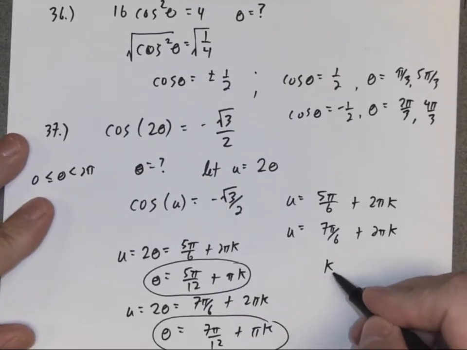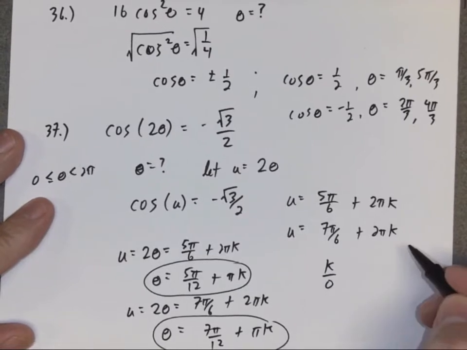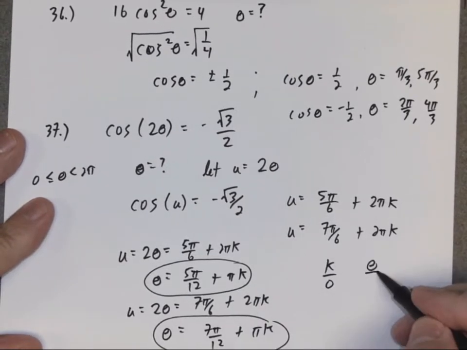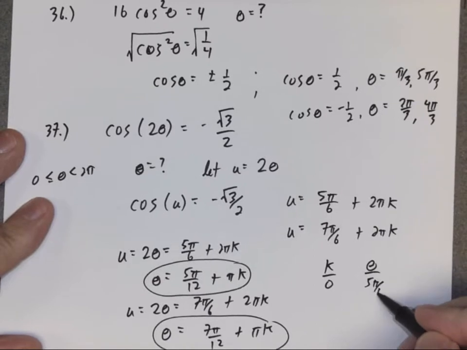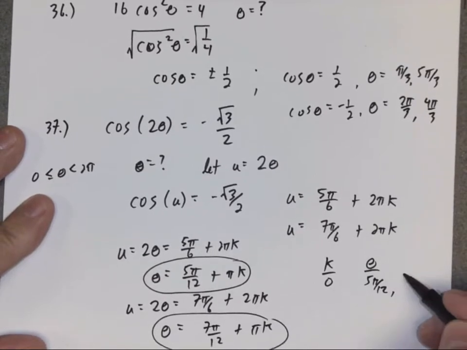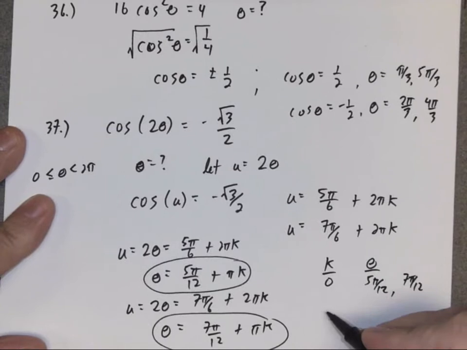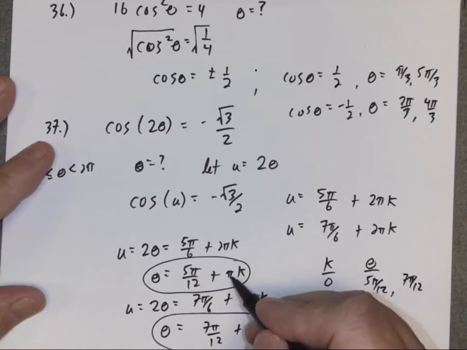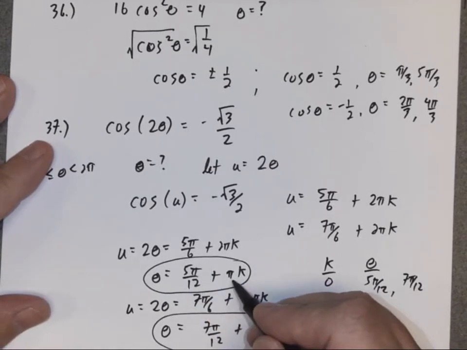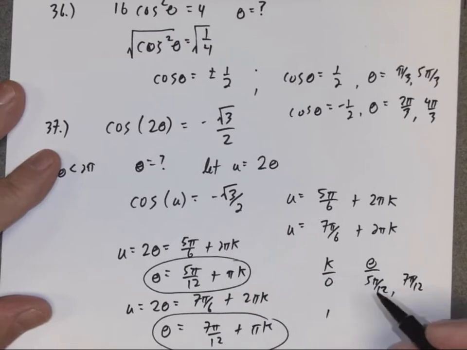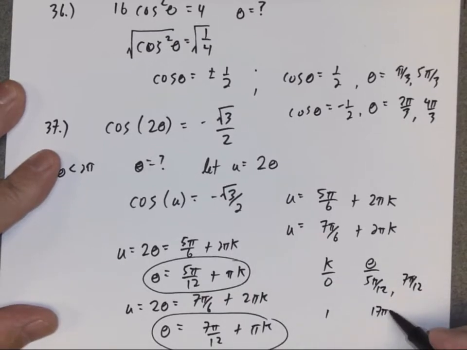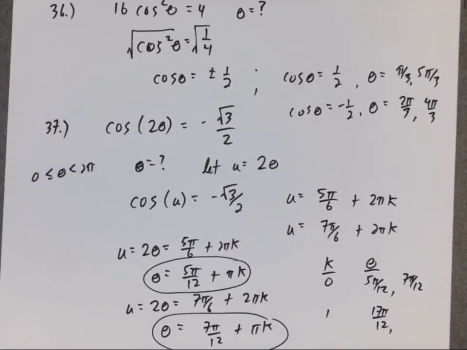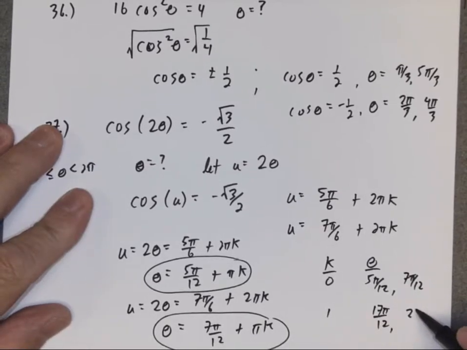So let's just say when k is 0, from that equation I get 5 pi over 12. From this equation, 7 pi over 12. When k is 1, pi plus 5 pi over 12, if I make this 12 pi, I think it's 17 pi over 12. And down here, I think it's 29 pi over 12.